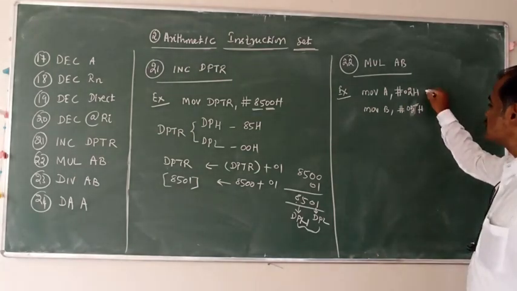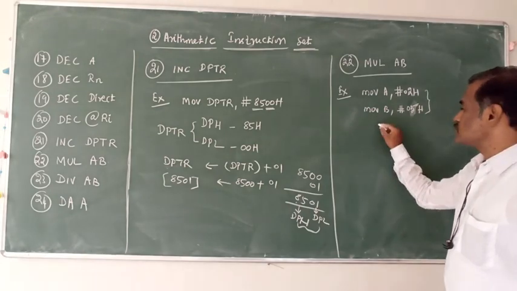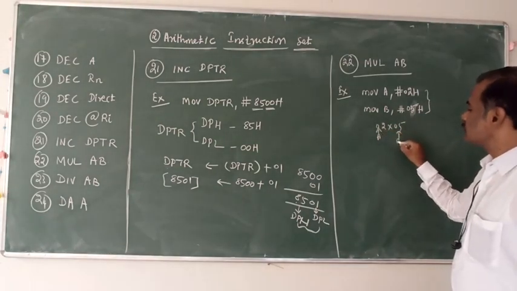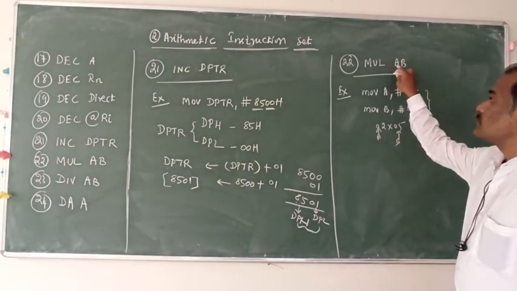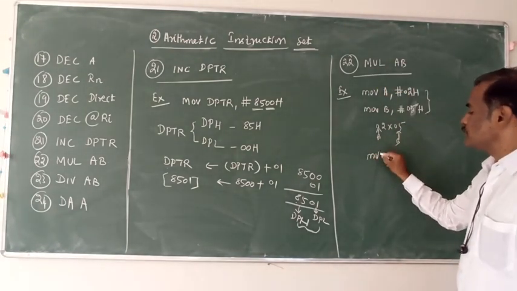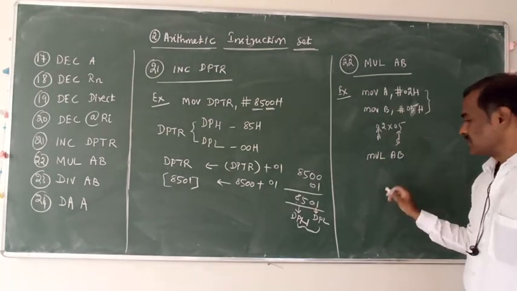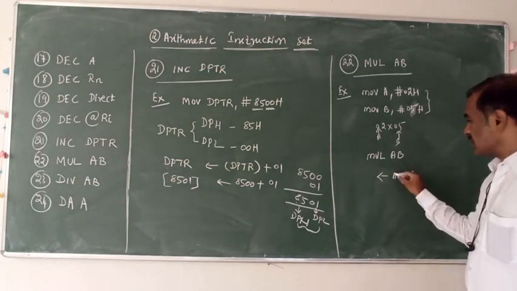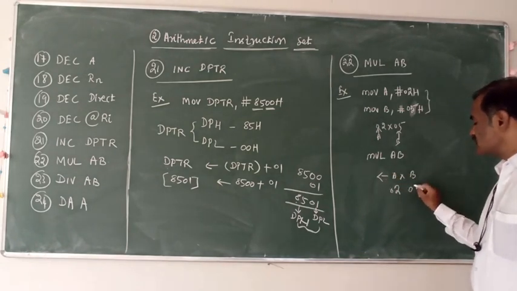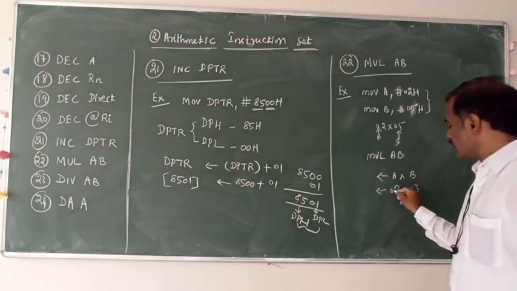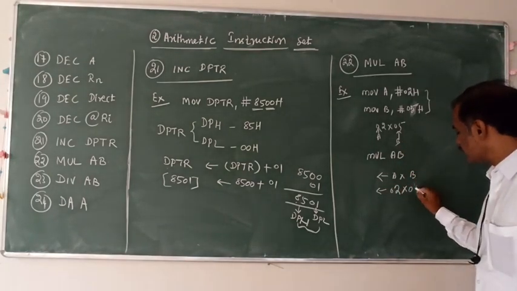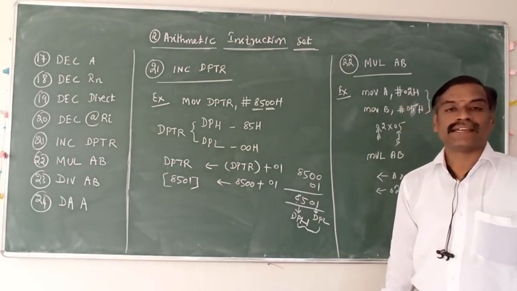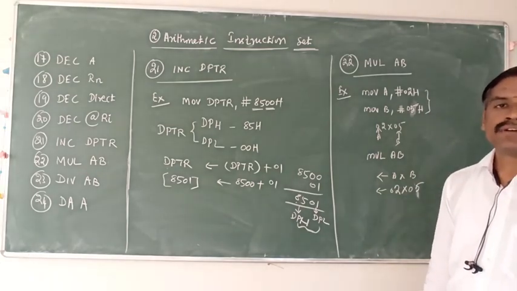Now to multiply these two, data 02 times 05; this is for the A register and this is for the B register. Further, we use the instruction MUL AB, which means multiply the A register data by the B register data. The A register has 02 and the B register has 05. Multiplying these two gives 10 in decimal, and the corresponding hexadecimal value is 0A.